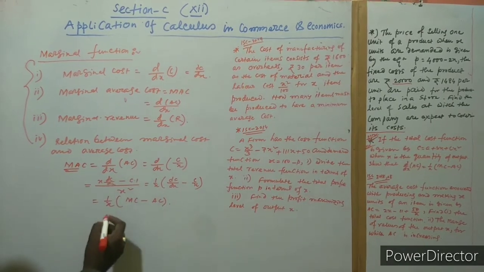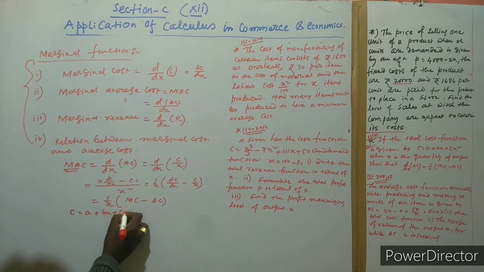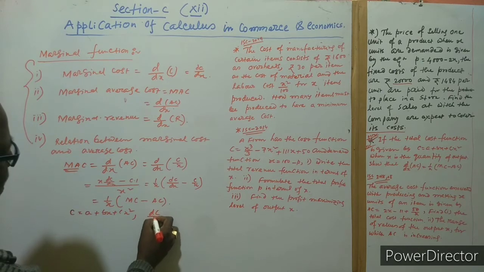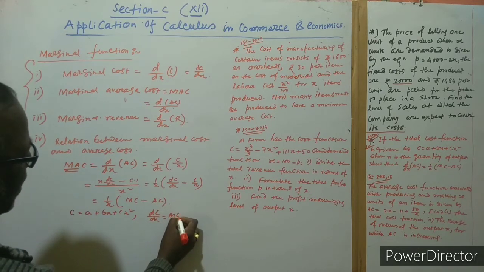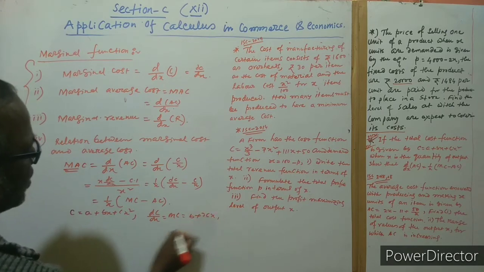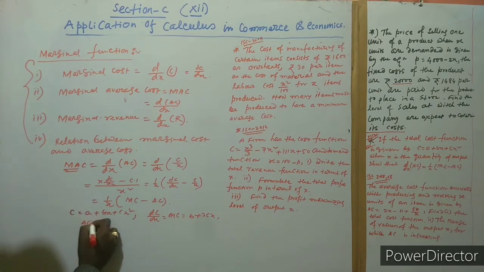So now C is given here as a plus bx plus cx square. So differentiating C, dC by dx, that is equal to MC, and we find it is b plus 2cx. Okay, now AC, that is called the average cost.